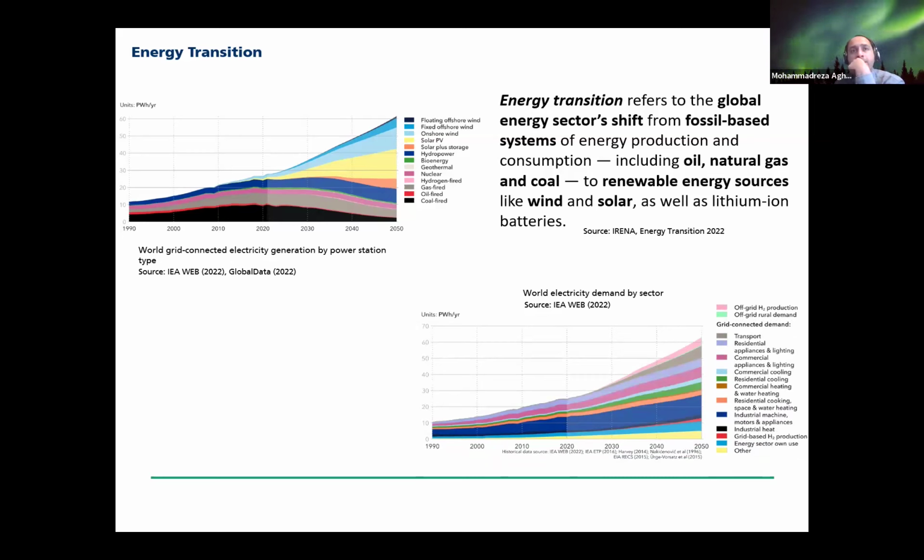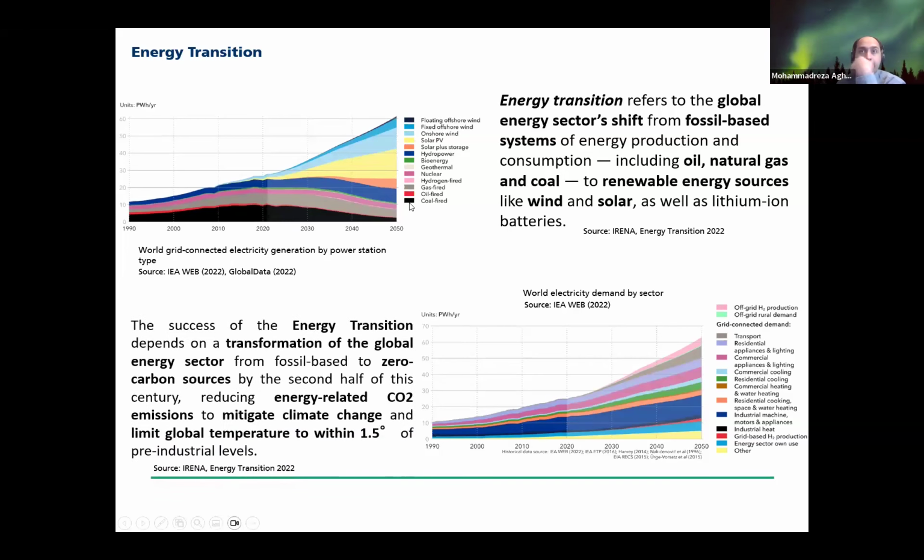This demand will rely on renewables, and only renewables are able to manage it. Of course, this transition will have a lot of challenges, and it's not an easy task. However, different sectors need to contribute in order to mitigate climate change and other emissions.